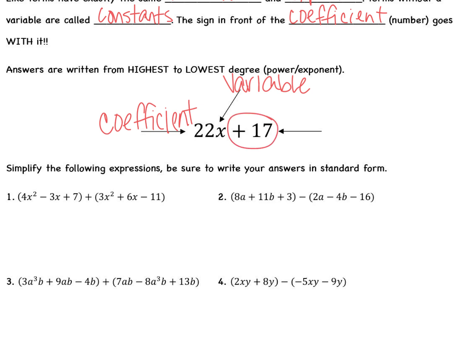So what is that called? Do you remember what it said? A constant. Very nice. And if I was to classify this, how many terms does this have? 2. So it's called a binomial. Very nice.